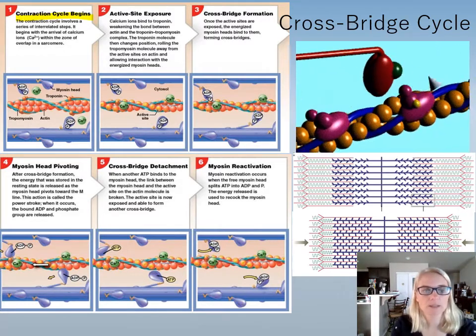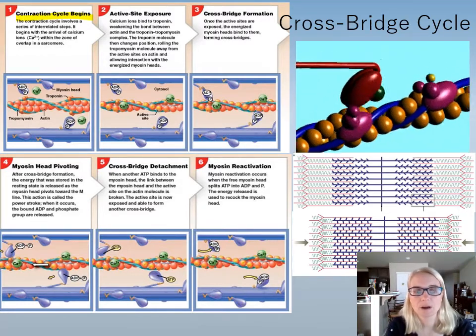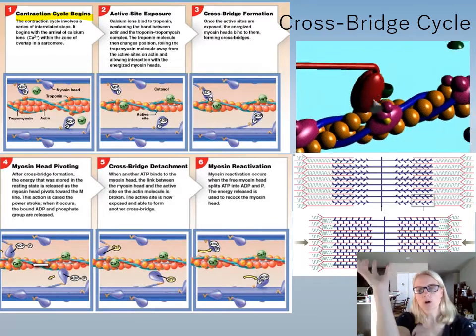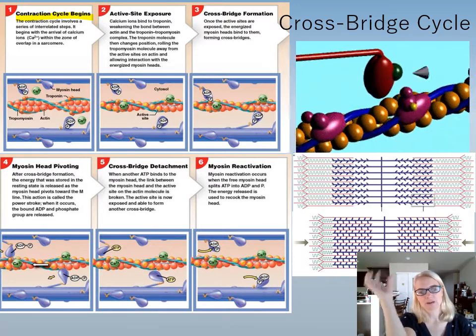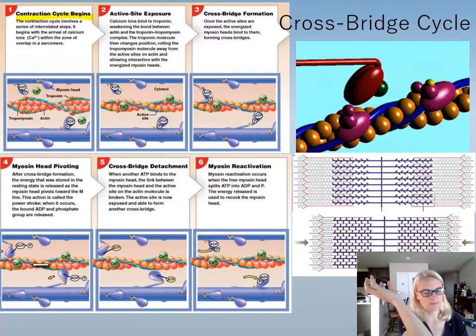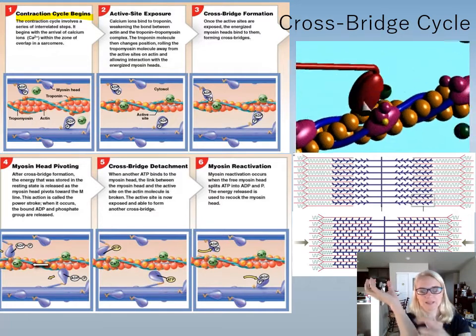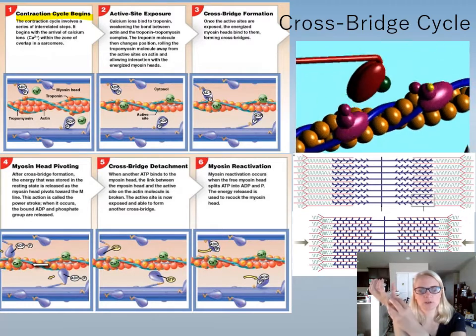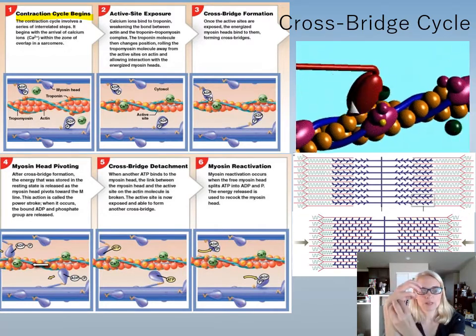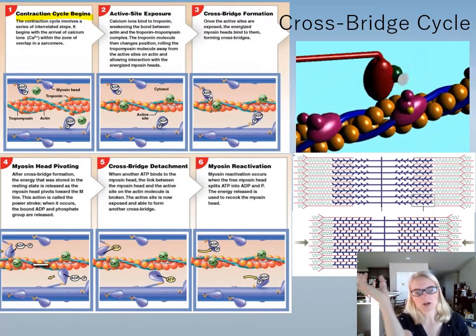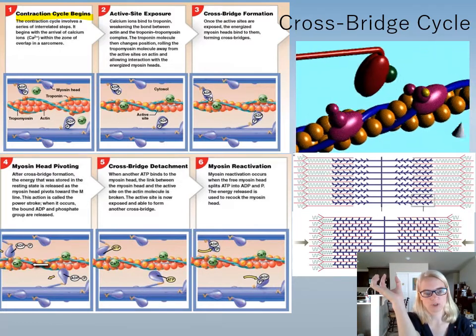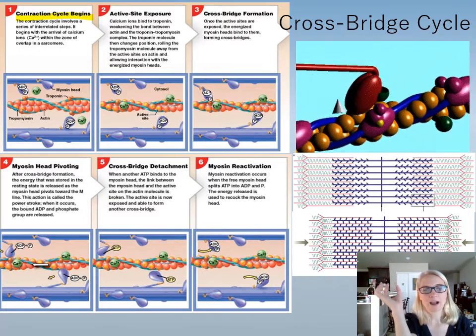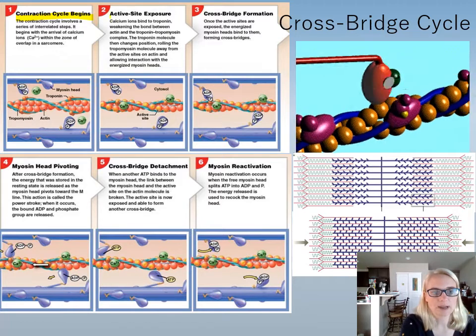At rest, your troponin-tropomyosin is covering the active sites. Your myosin head is cocked back, like in this position, in the power stroke position. It's got an ADP and an inorganic phosphate. So an ATP molecule had come in, broken itself up, and released the energy to cock that myosin head back into this position, okay?